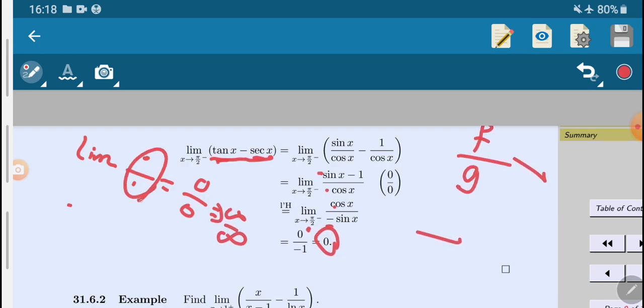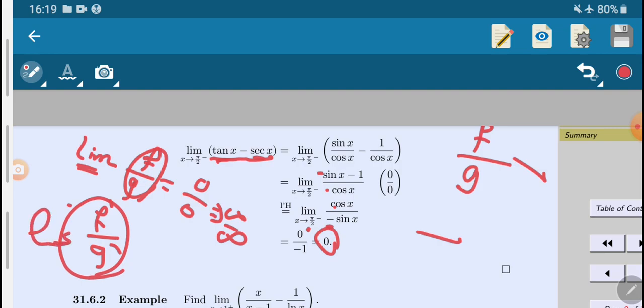We can use another way to determine the limit, this way called L'Hopital. L'Hopital converts f and g into f dash over g dash and finds the limit after that. If it's still 0 over 0 or infinity over infinity, please find the second derivative and so on.